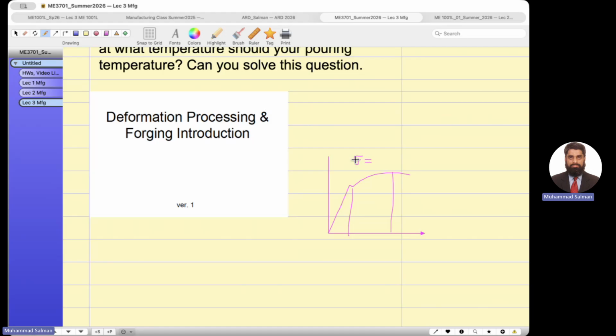The law which governs this region is stress equals K times epsilon to the power n. And if this temperature, we will study about this soon. So let me show you different types of the deformation processes.